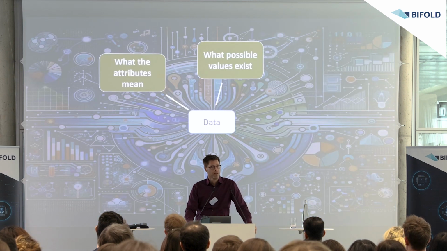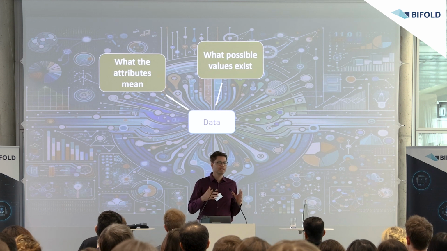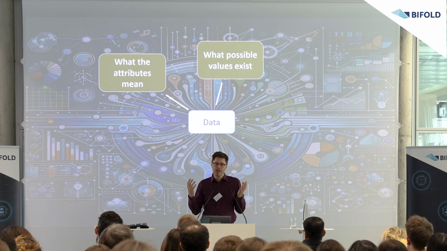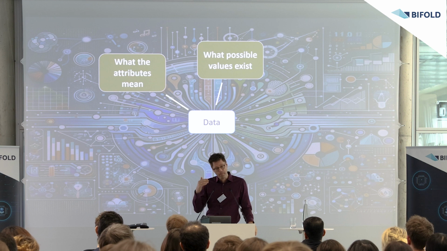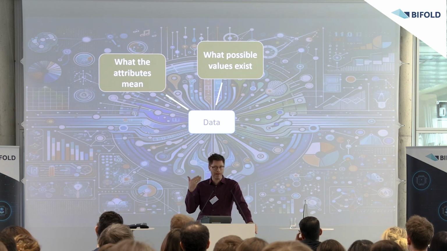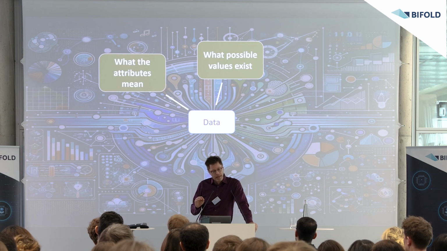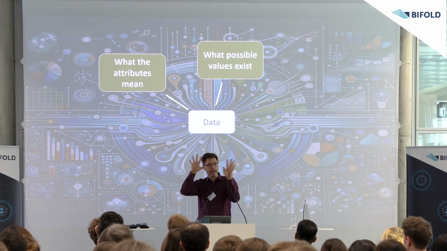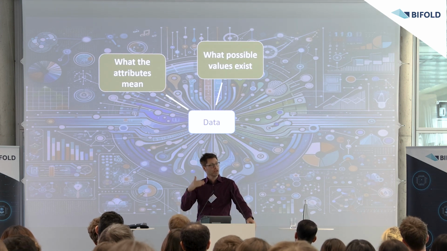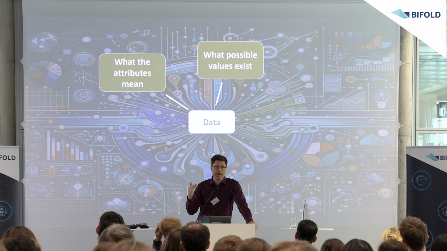Just a thought. If we do have these elements under control, we know what our data actually means, we have made it available in a machine-readable way, and we know the dimensions of that value space, what values that data can actually have.